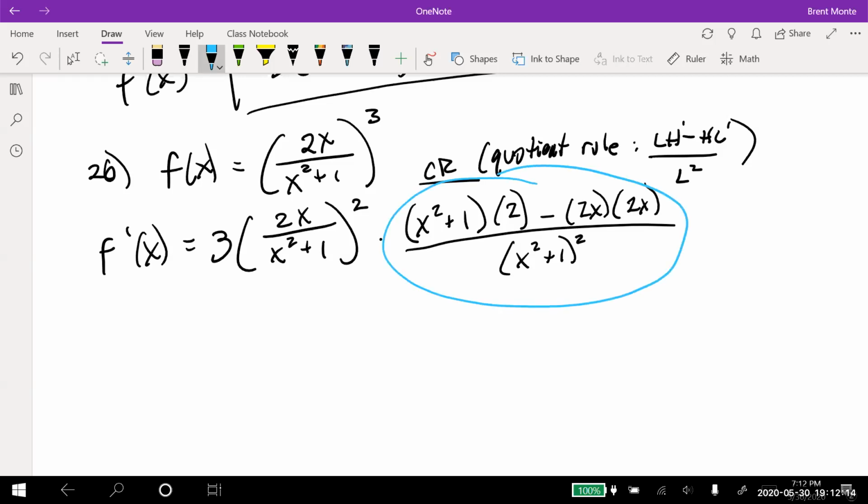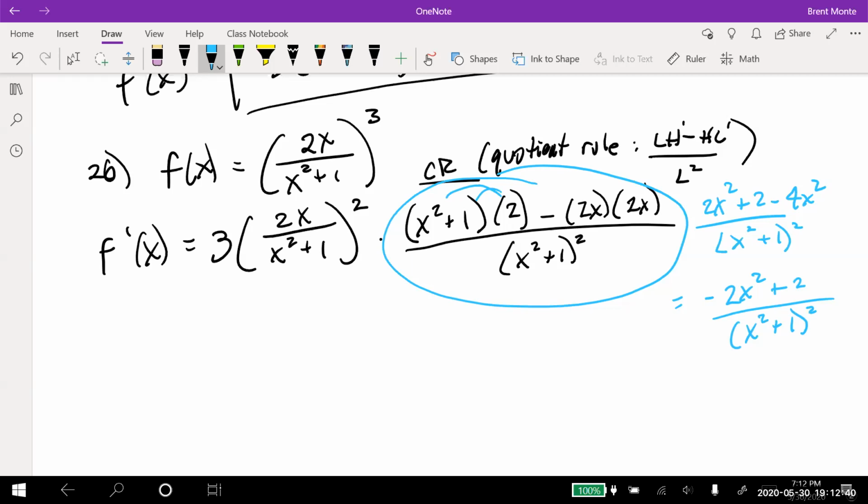So if I multiply out the top, I go this way, I'm going to get 2x squared plus 2 minus 4x squared, all over x squared plus 1 squared. That's equal to the 2x squared minus 4x squared is negative 2x squared plus 2, all over x squared plus 1 squared.